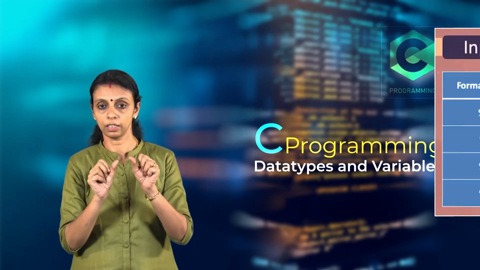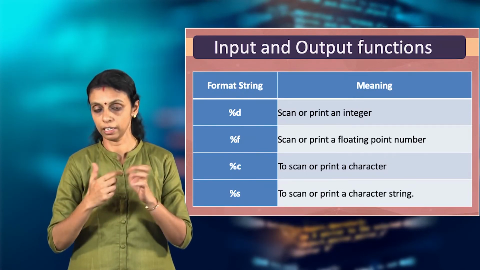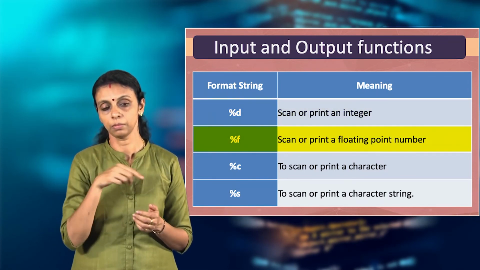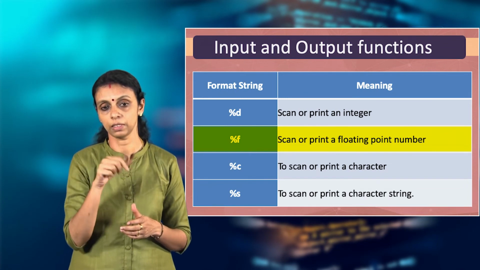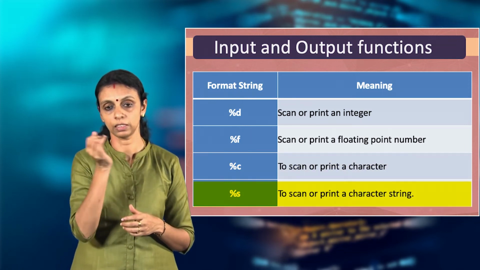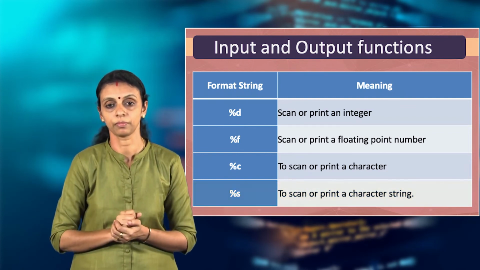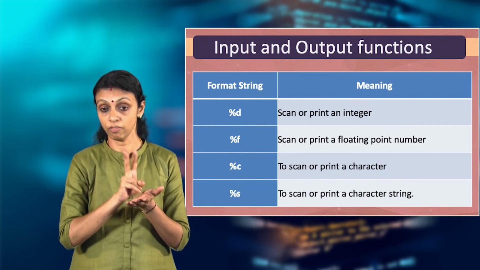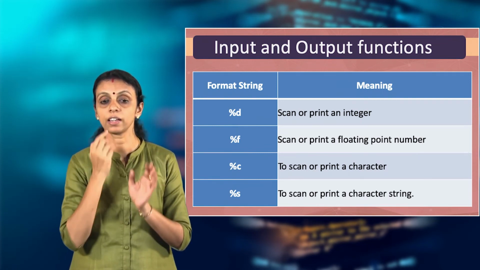For different data types, different format specifiers are used. %d for integers, %f for floating point numbers, %c for a character, %s for a character string. This prints the value stored in I with the text, that is, it replaces the %d in the printf statement with the value of I.